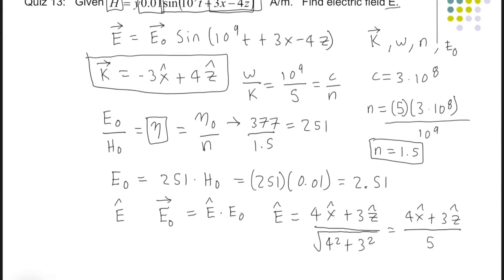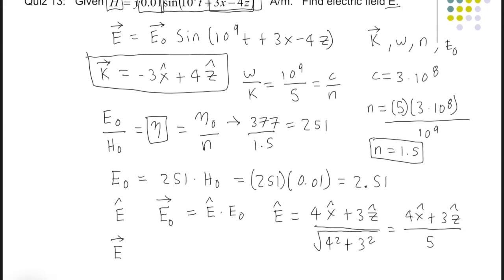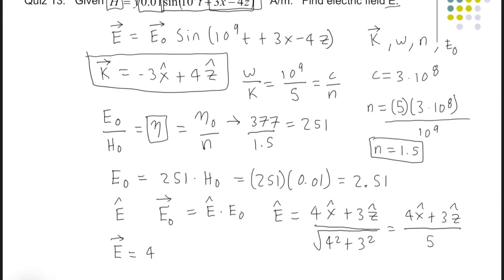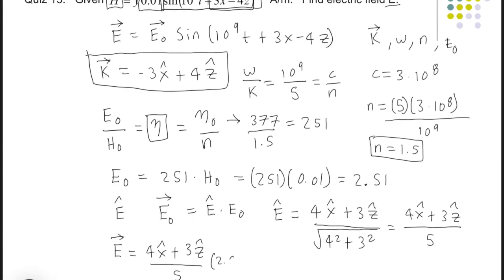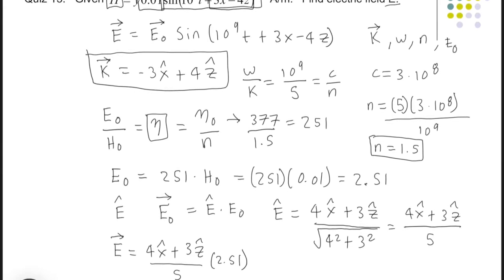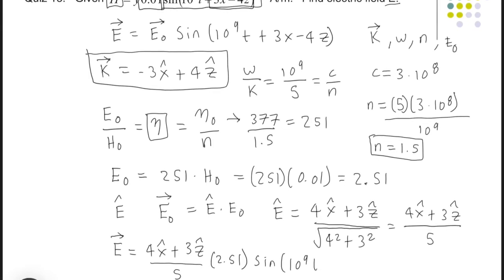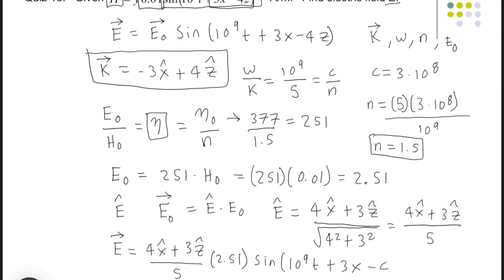So ultimately we get the electric field vector is equal to 4x hat plus 3z hat over 5 times 2.51, which is our E naught. And we write sine 10 to the 9 t plus 3x minus 4z.